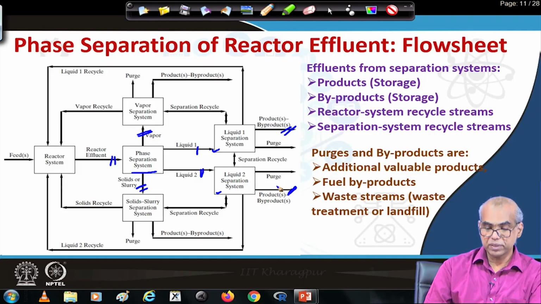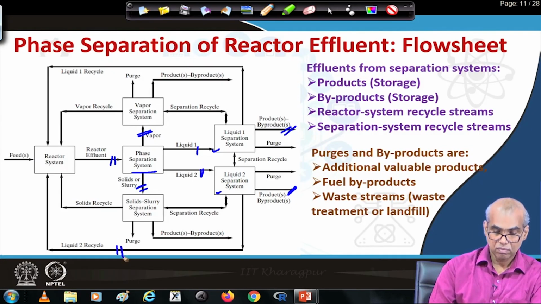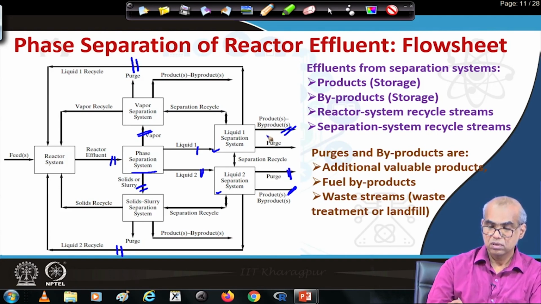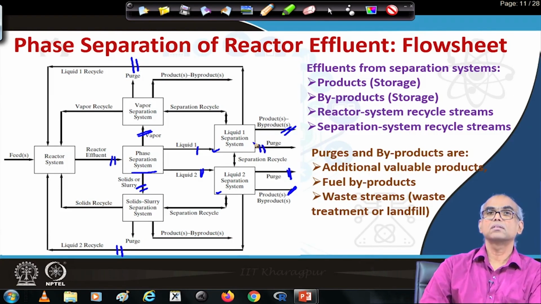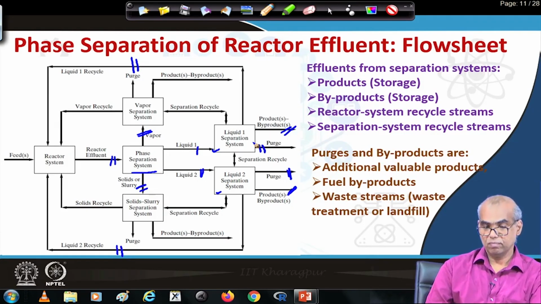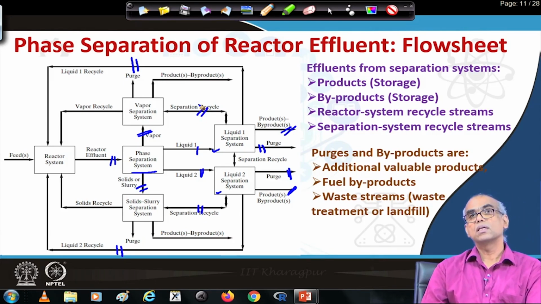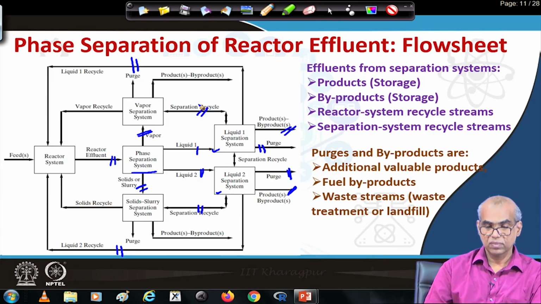From both the liquid separation systems, recycle stream goes to the reactor, and also purge streams are there to avoid building up any inerts in the recycle stream. Also, separation recycle streams are there from both the liquid separation systems.